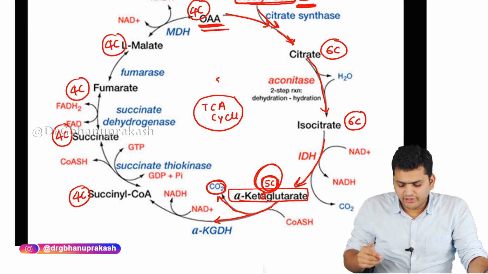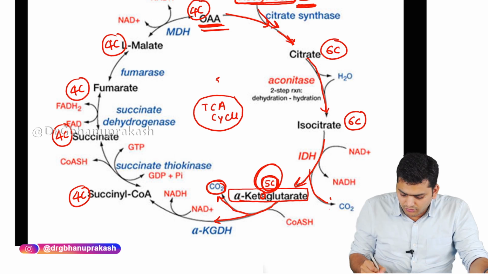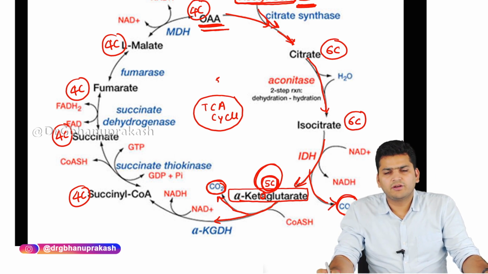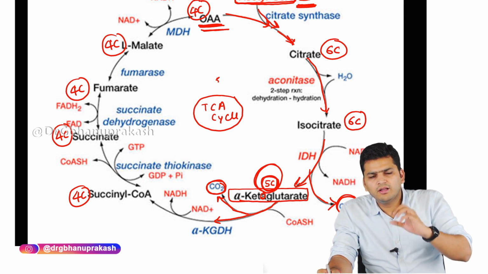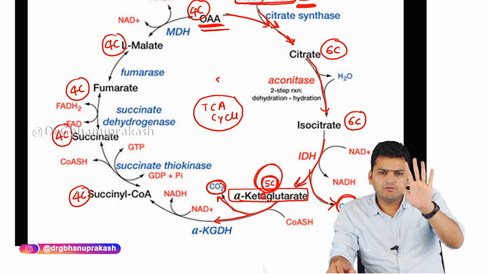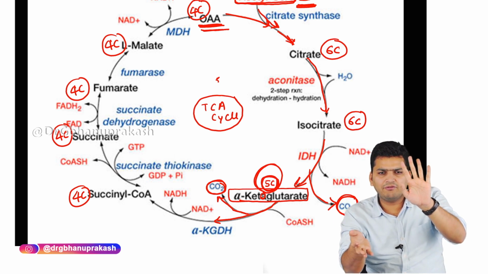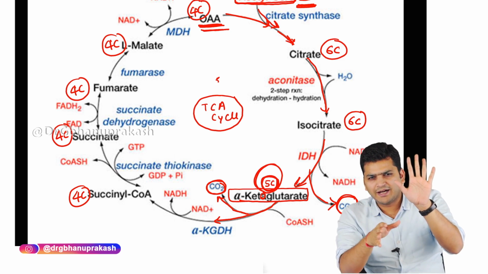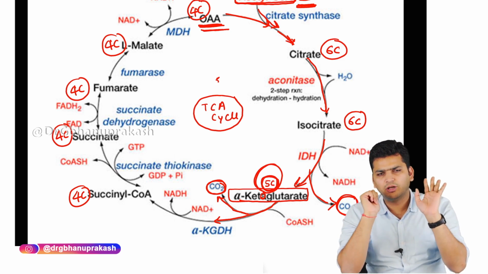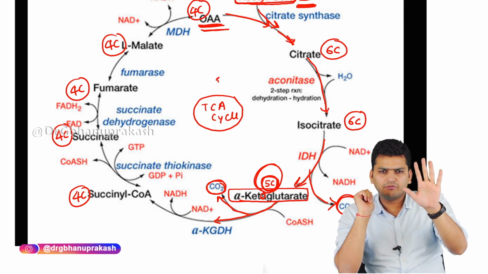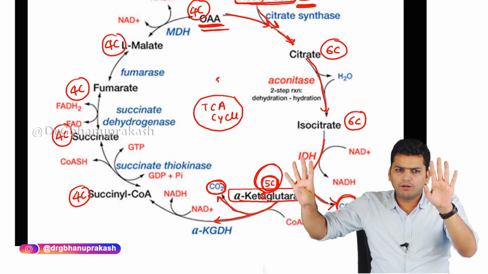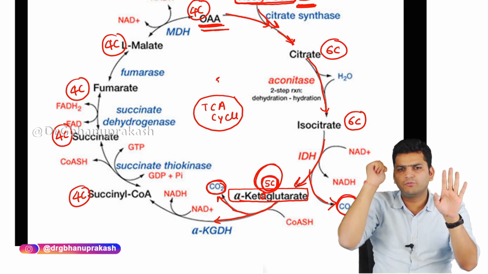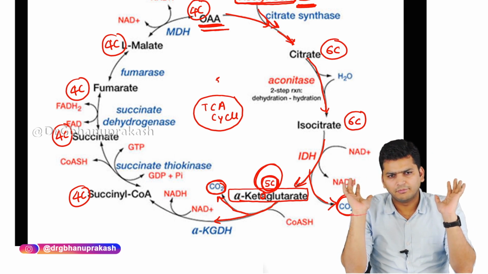So 6 carbon converting into 5 carbon means you have to take out carbon dioxide, right? So 1 carbon dioxide is liberated after alpha-ketoglutarate and 1 carbon dioxide is before alpha-ketoglutarate. Alpha-ketoglutarate 5 carbon, down the line everything is 4 carbon, upstream everything is going to be 6 carbon. This is how we are going to remember.